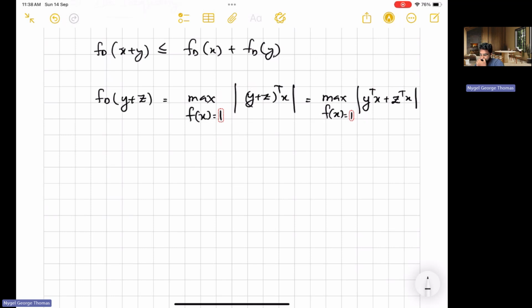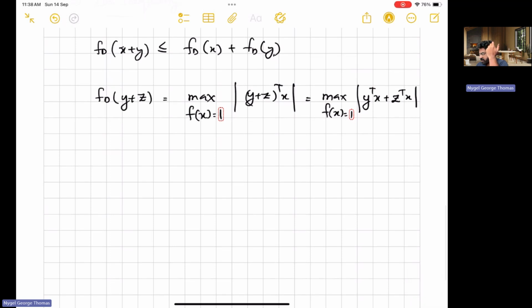Then can we split this max term? This is the max of the sum of two numbers. But this can be negative or positive. Okay, y transpose x can be positive or negative. So if you take the max of these two separately, this will be greater than or equal to the max of their sum. So this is less than or equal to max of f of x is equal to 1, y transpose x plus max of f of x is equal to 1, z transpose x.